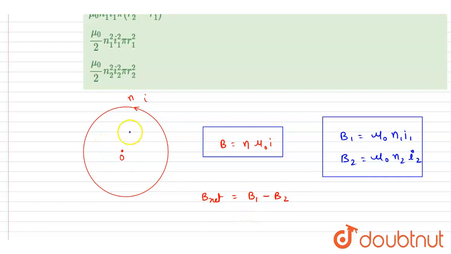So if you see, there will be two regions. One, if I mark them, this one, region 1, and another one is this one.